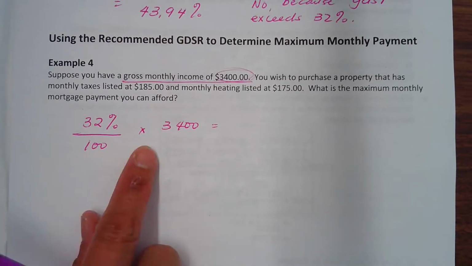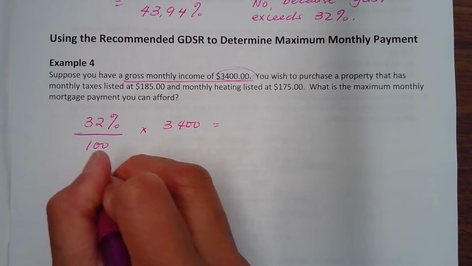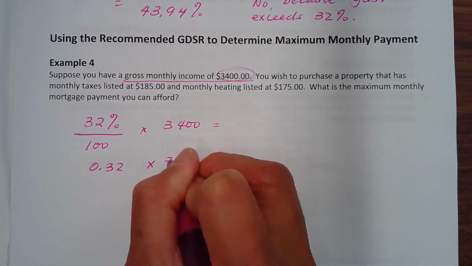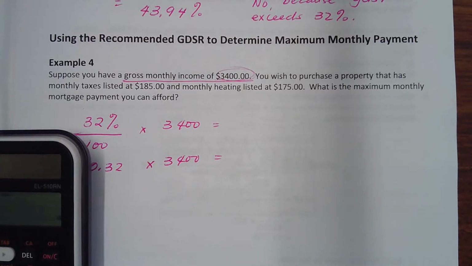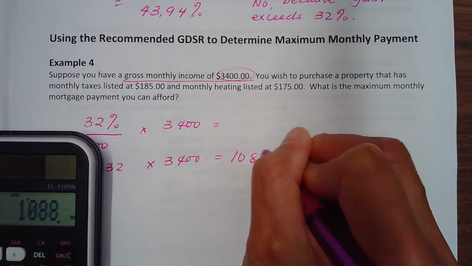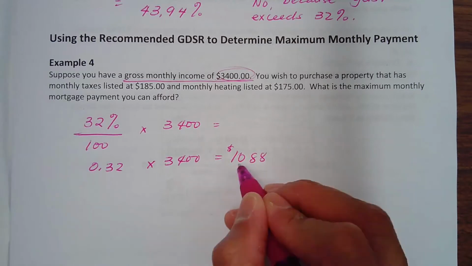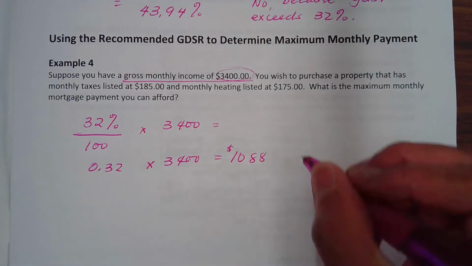So 32% times 3,400, or you can go 0.32 times 3,400, is $1,088.